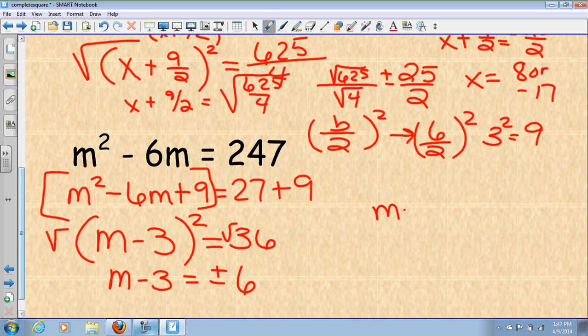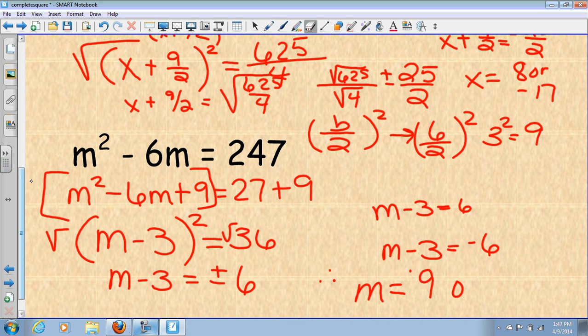So m minus 3 equals 6, and m minus 3 equals negative 6. Therefore, m equals 9 or negative 3.